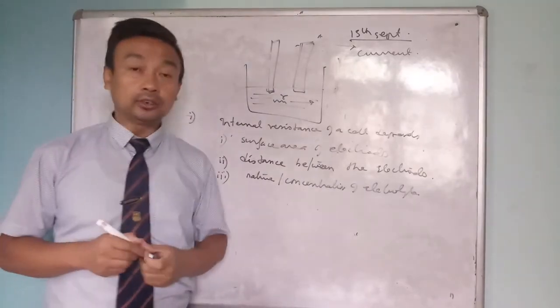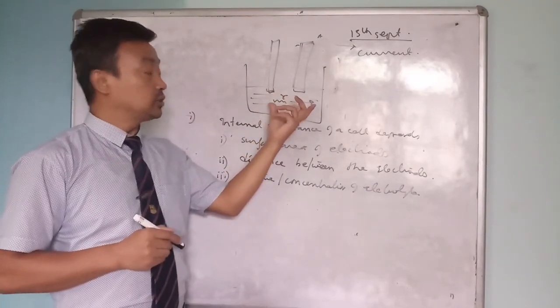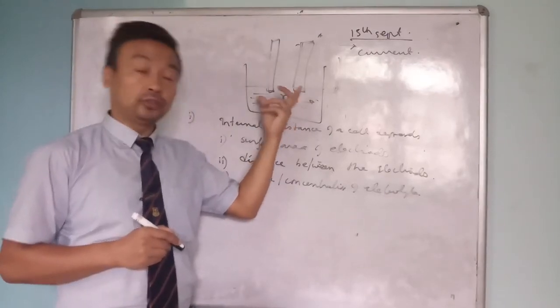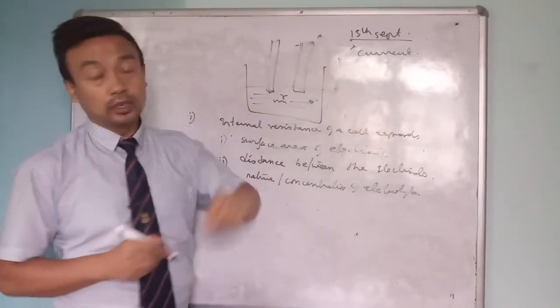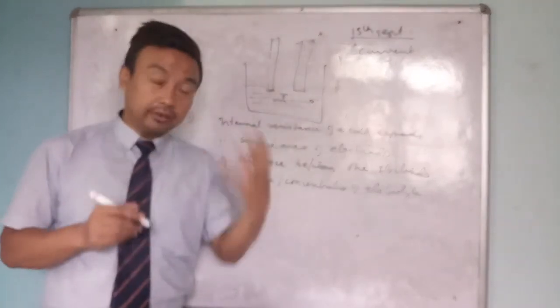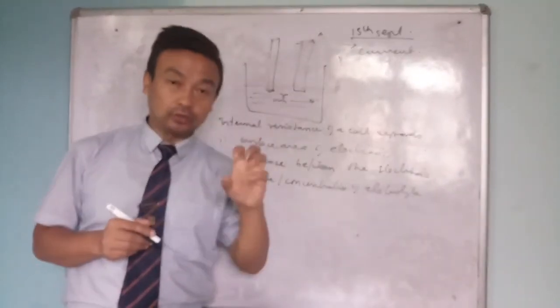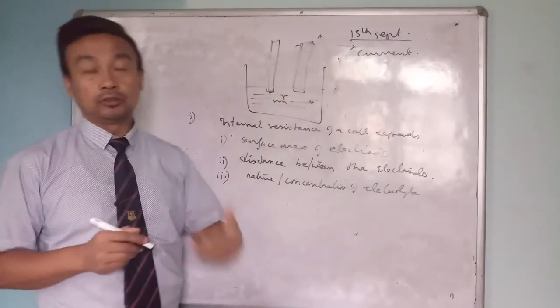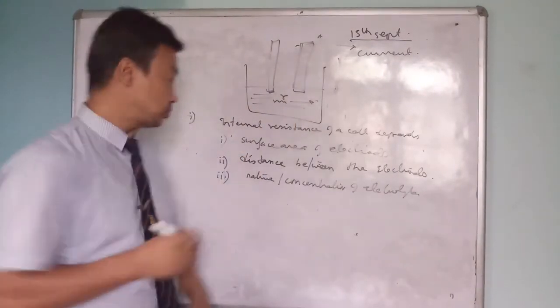Okay, greater the concentration of the electrolyte, greater will be the internal resistance. Lesser the concentration, it is more ionic, diluted, and it will be less resistance.